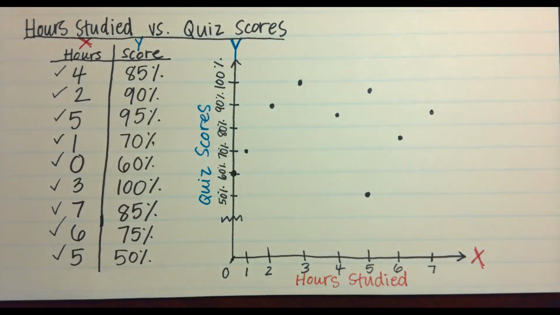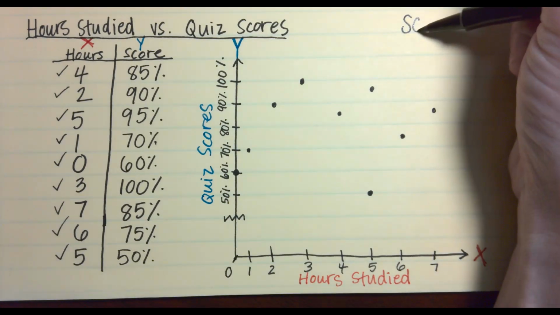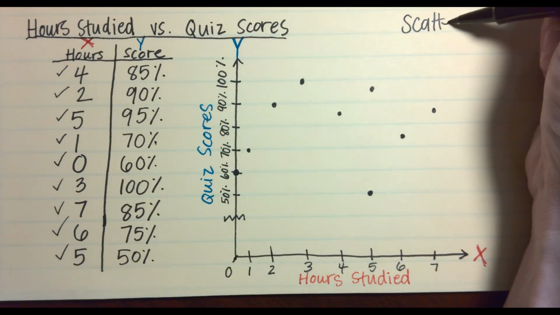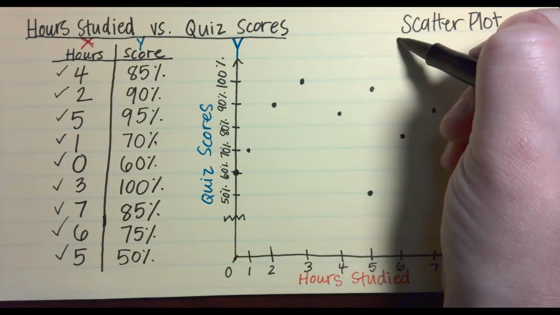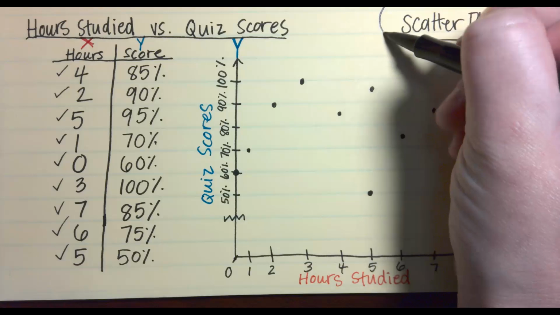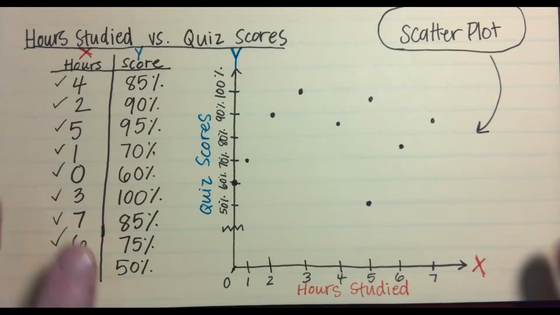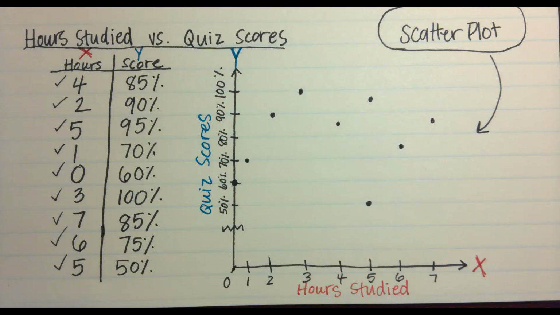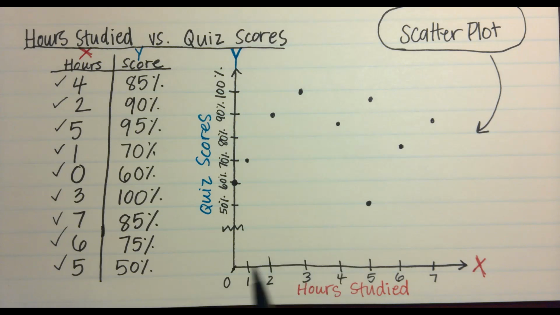Hours studied versus quiz scores. And if you want to label it, this is called a scatter plot. So all a scatter plot is, is you're plotting points and scattering them across a graph. You can tell this almost looks like a bit of a scattered mess.